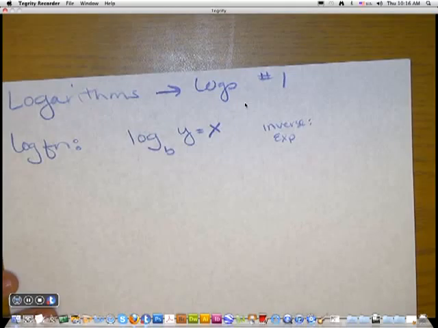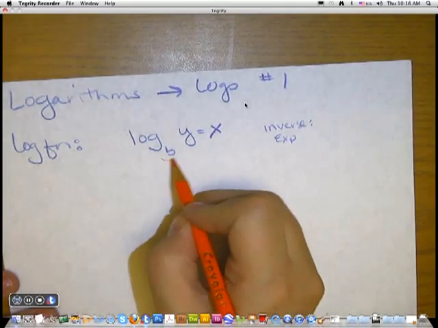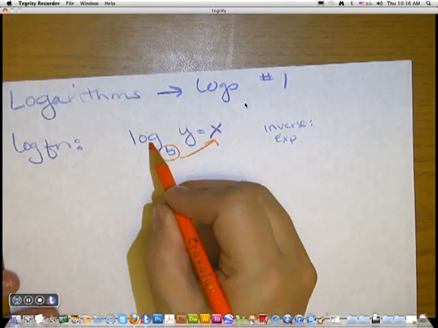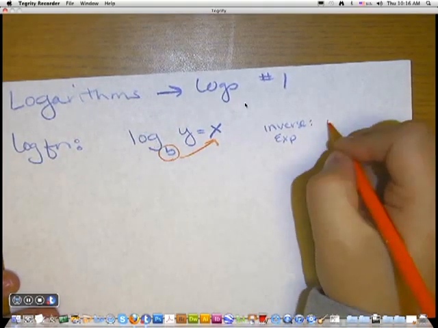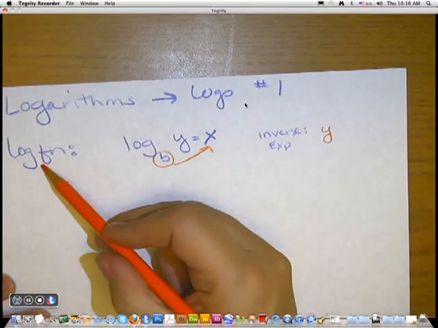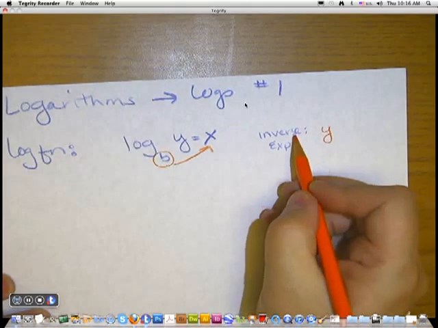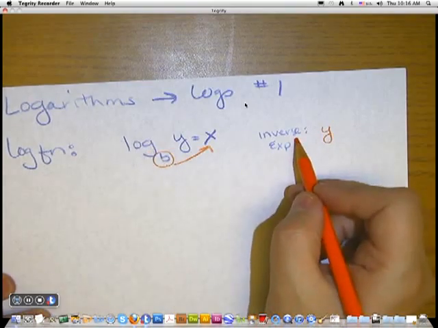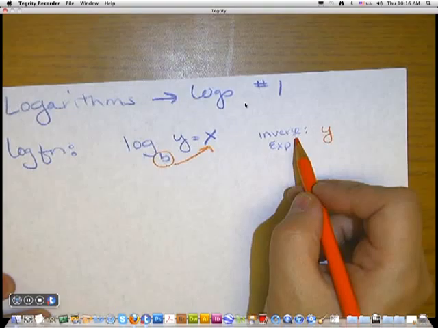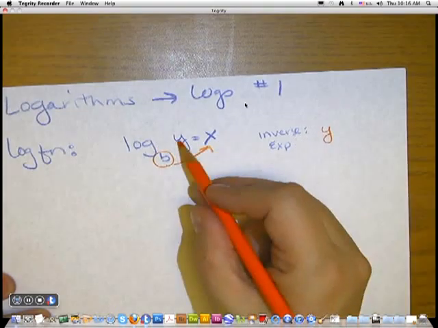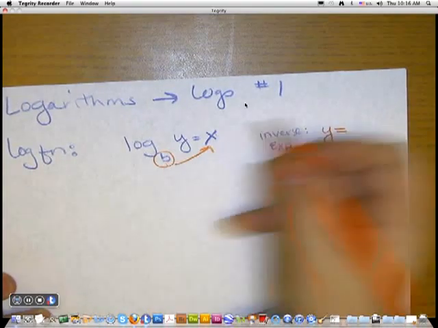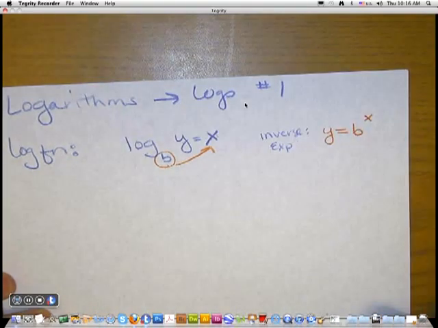What that transformation is: the base kicks up and the word log goes away. So if I want to change log to exponential, the log has to go away because it's no longer going to be a log, so the word can't be there. So the y value is the base kick up the exponent.